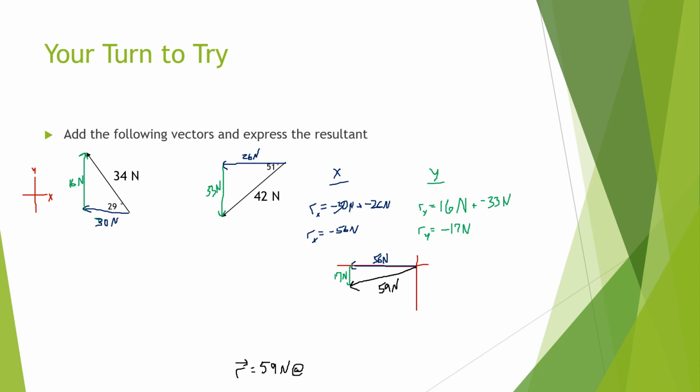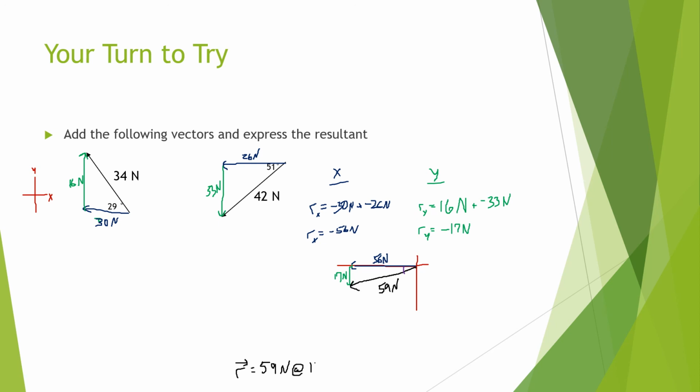So 59 newtons at, and again, out of habit, I'm just going to use the inverse tangent. Find that angle right there. Tangent is opposite over adjacent. So the inverse tangent of 17 divided by 56 gives me an angle of 17 degrees.